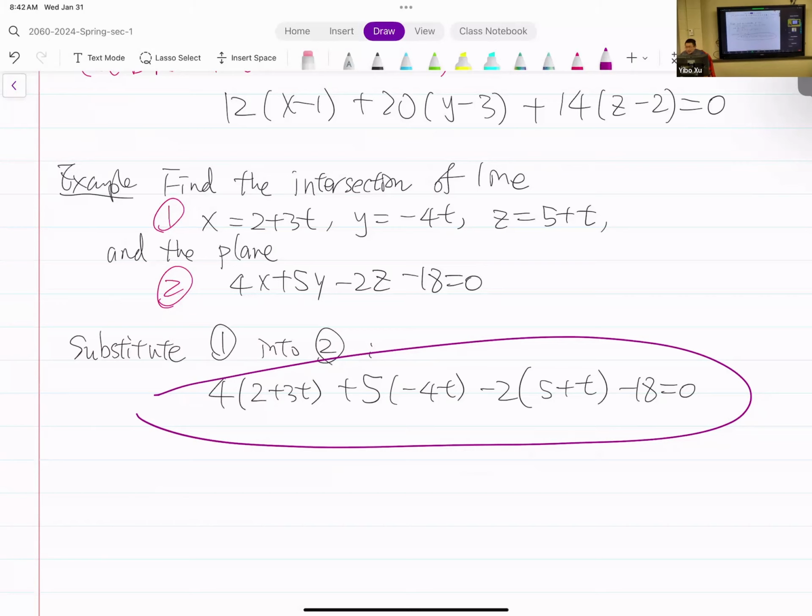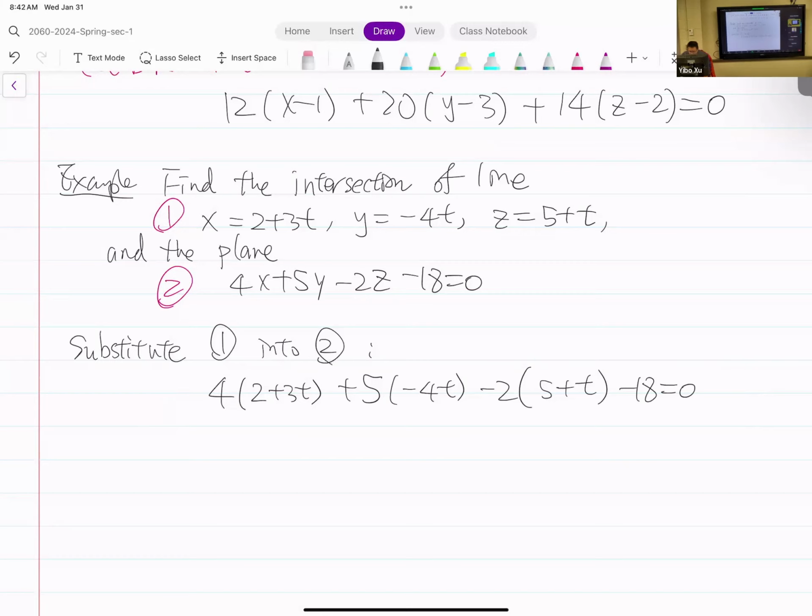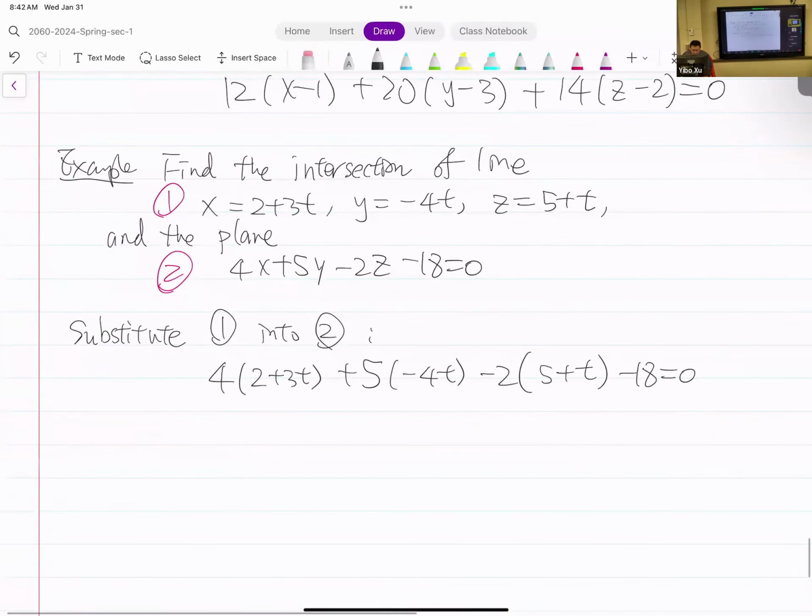That means this line is within the plane. But if this never holds true, let's say it's something like 3 equals 0, so it's never true, then that tells you these two things will never intersect. Okay. But for this situation, we just simplify.